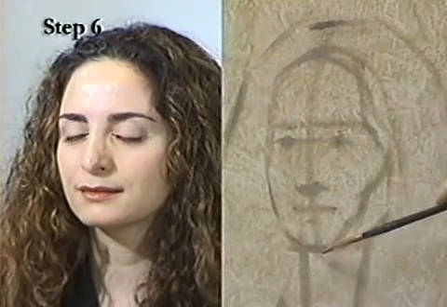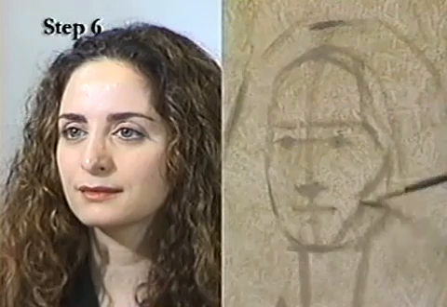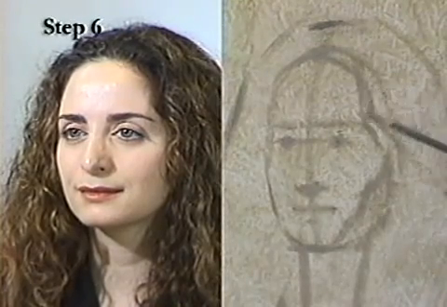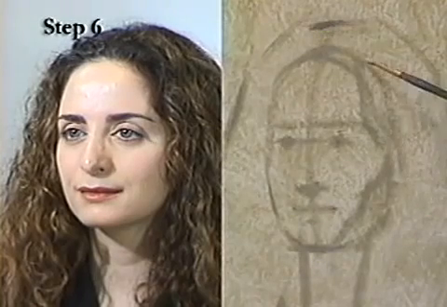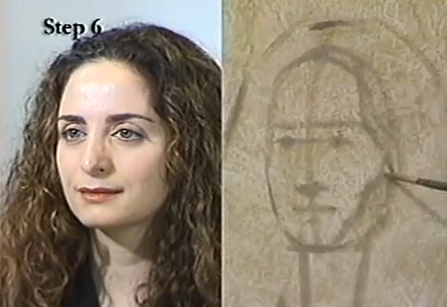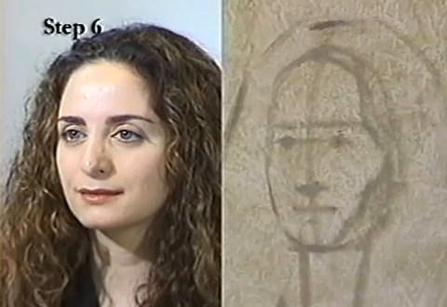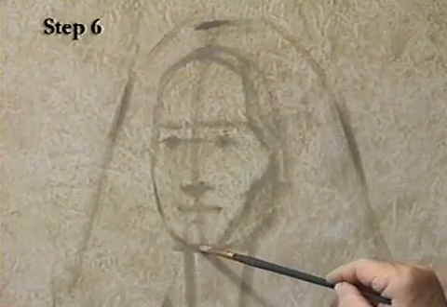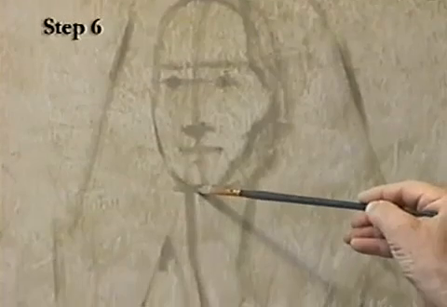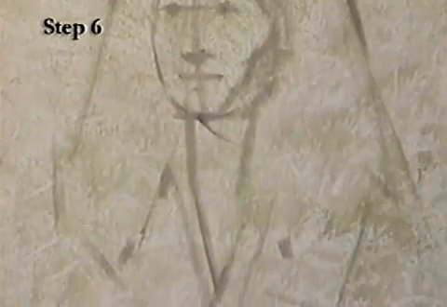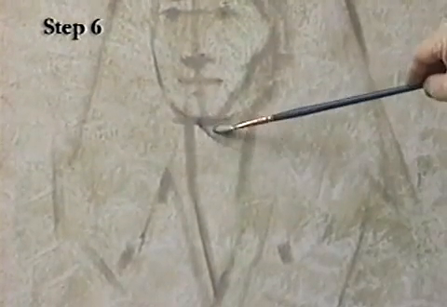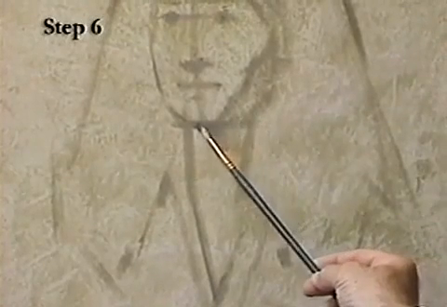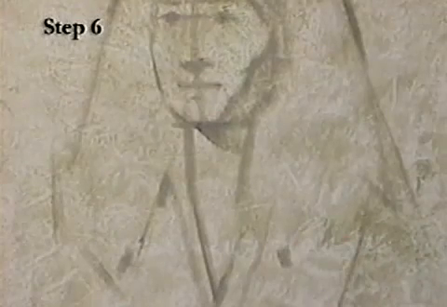And I can take the dry brush paint on the brush, just a touch of color, rubbing it in a dry brush way to give myself just a bit of the indication of that shadow. Much more definite is the cast shadow on the throat, and it comes diagonally down on the neck like that. And we all know that the cast shadows are darker than the form shadows, and we indicate it that way in our drawing.